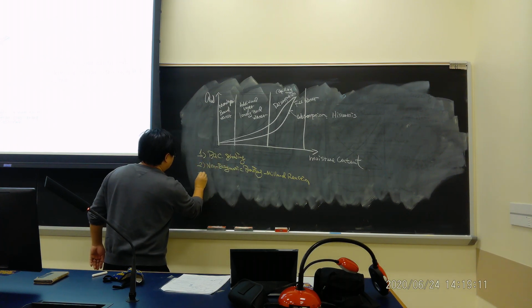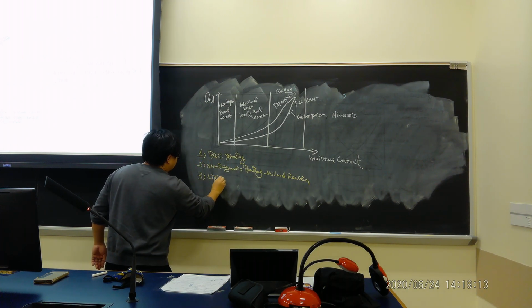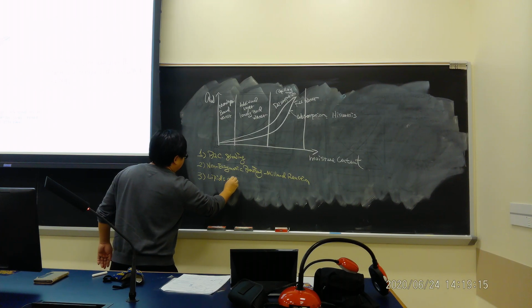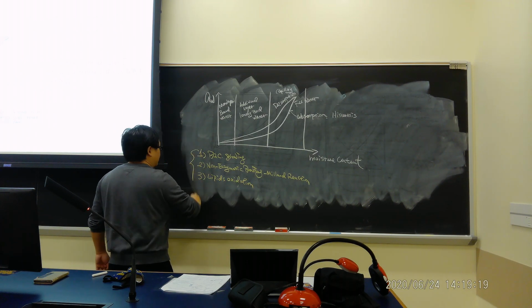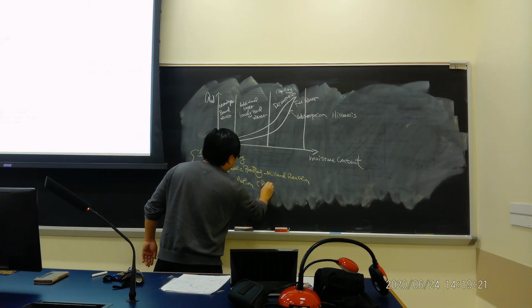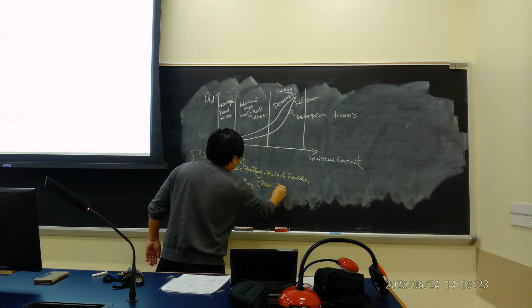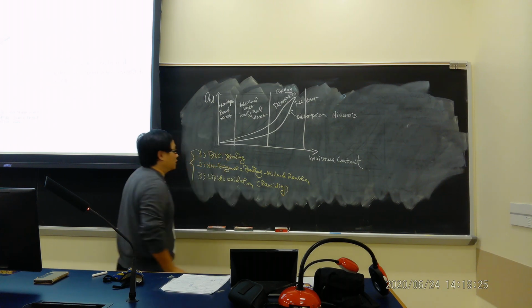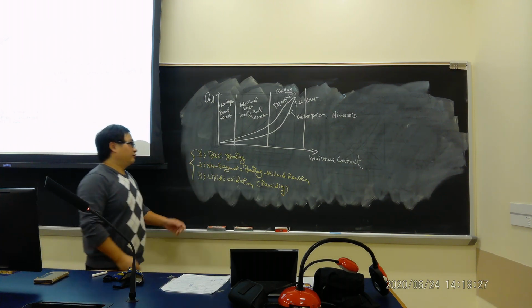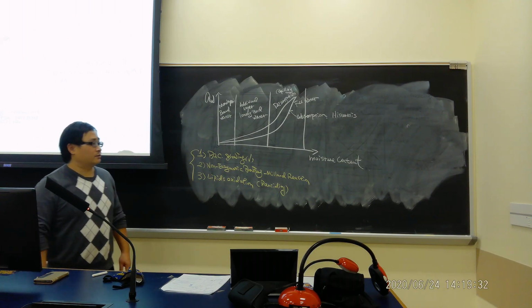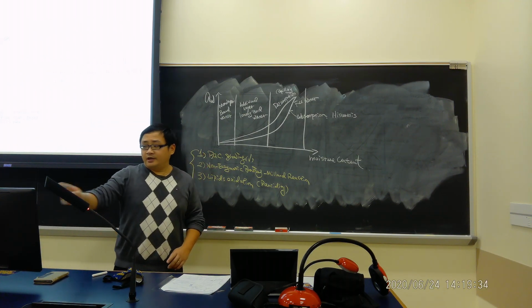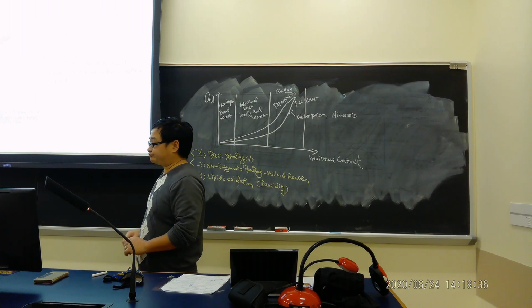Number three, lipids oxidation. Those are the three things that will cause rancidity for food products regarding storage. Okay, for me, I mainly care about this. We do lots of research for microbiology. Okay, here I give you just a conclusion.